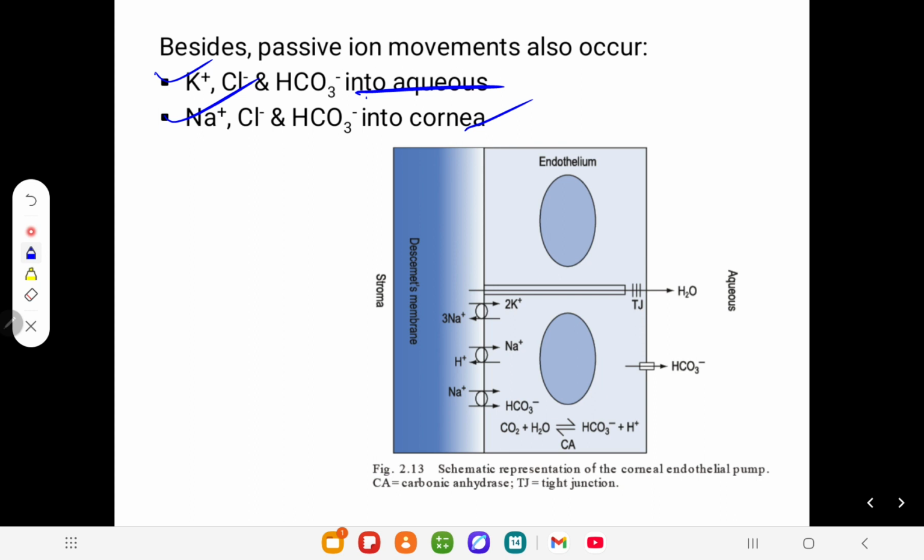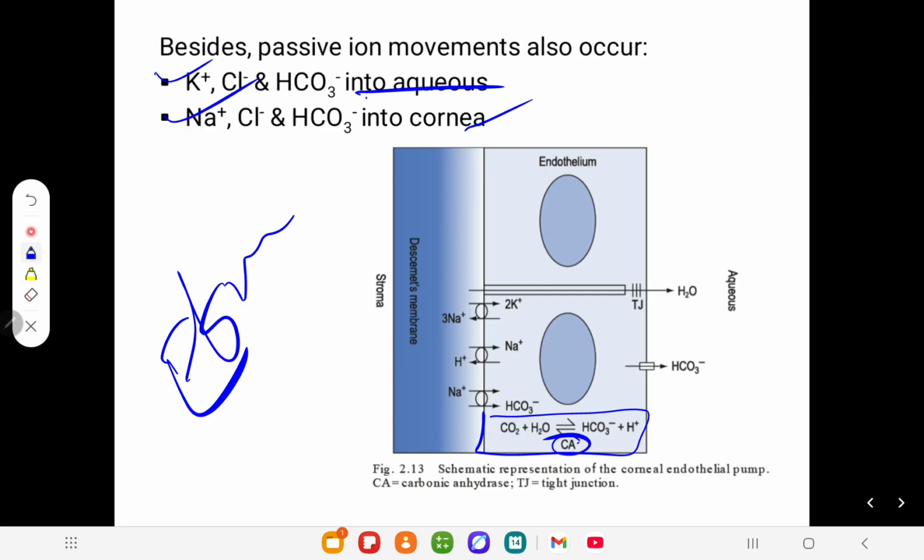One good thing is that I have taken this picture from Efron, I think third edition. One good thing that I have noticed in this picture, and I want to explain it: see, there is a membrane potential change. There is this equation, and carbonic anhydrase is very useful in it, particularly CO2 plus H2O making hydrogen and carbonic acid.